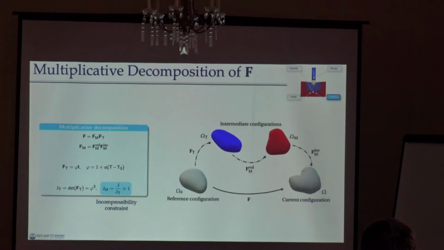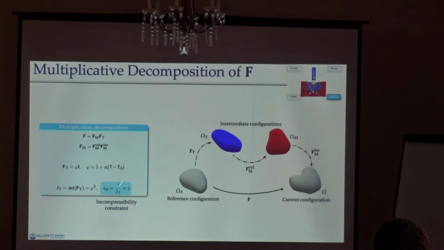In terms of kinematics, we assume the classical multiplicative decomposition of the deformation gradient, and in this particular case, we have to consider the thermal contribution. So we have an additional splitting of the deformation gradient. In a first approach, the thermal deformation gradient Ft is proportional to the delta T, where T0 is the reference body temperature, which is 37 degrees.